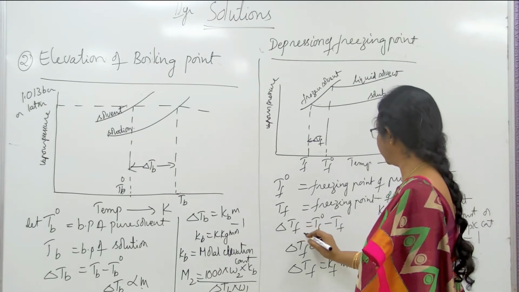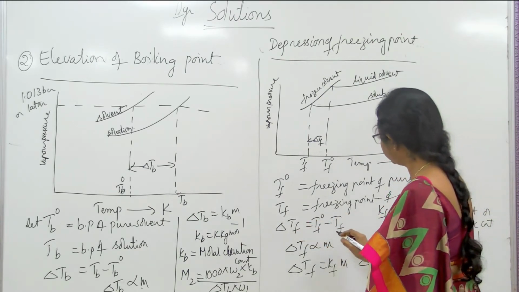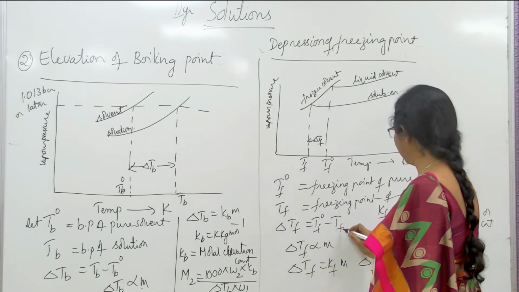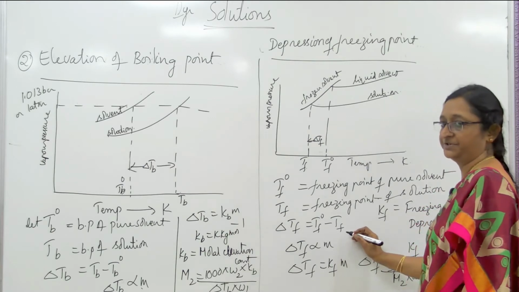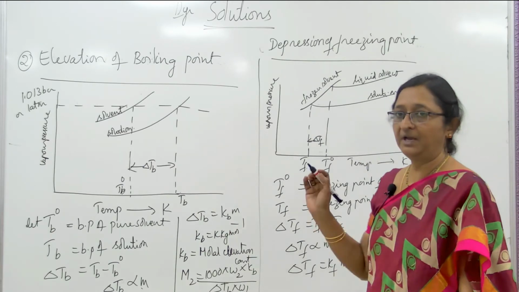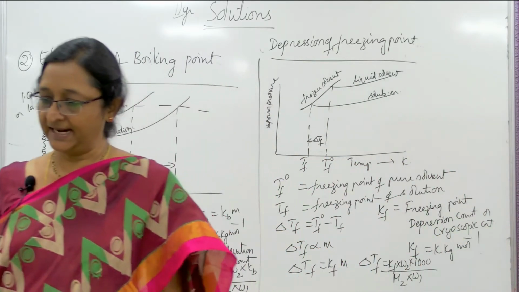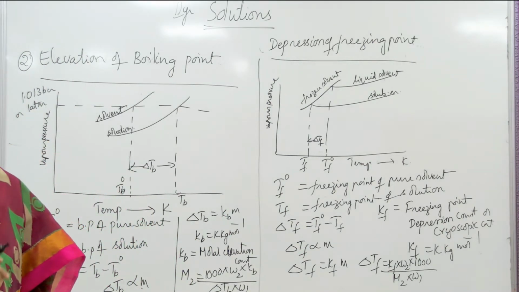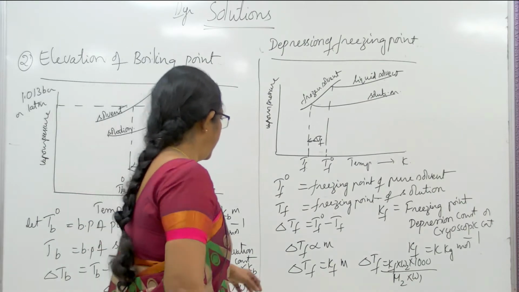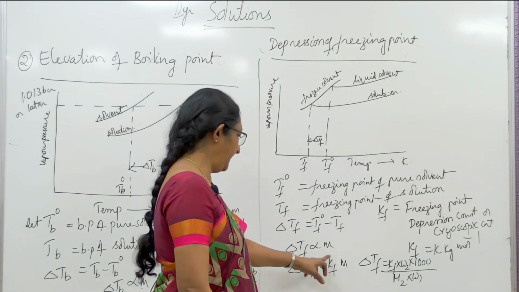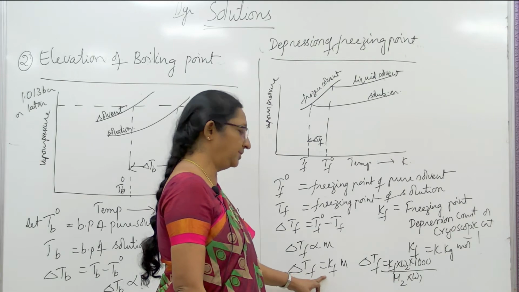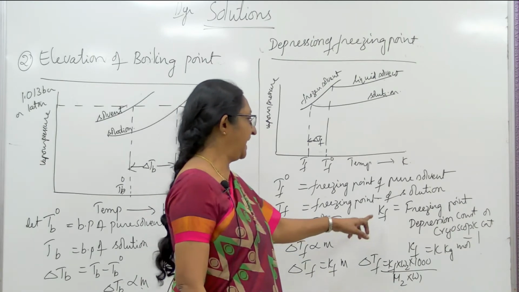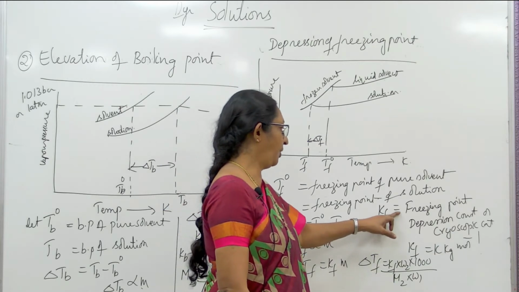It is the freezing point of the pure solvent. This is the freezing point of the solution. So the depression of freezing point is equal to the freezing point of the pure solvent minus the freezing point of the solution.